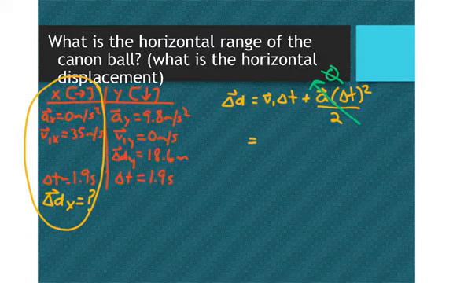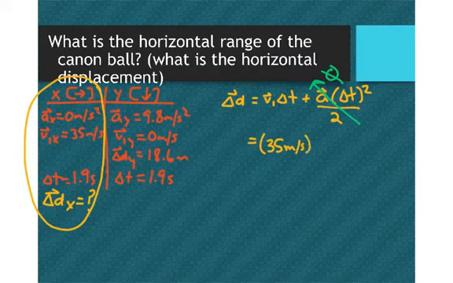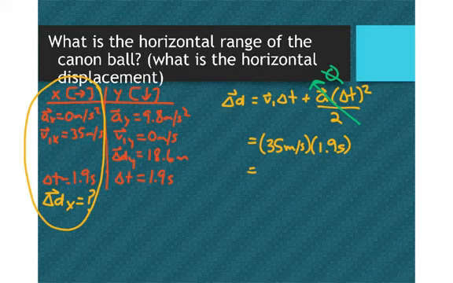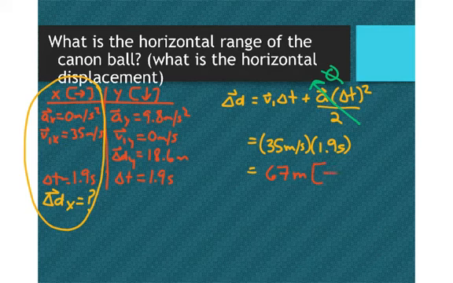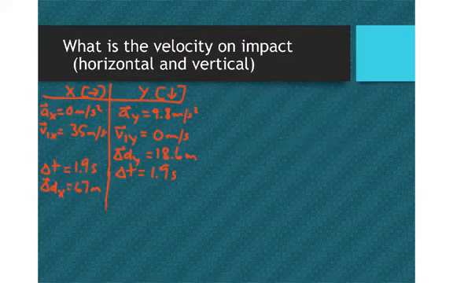I don't even have to rearrange. So my v1 is 35 meters per second. My time is 1.9 seconds. So when I calculate that out, it's going to give me 67 meters. And I'm going to put that direction back in now as forward. And that's my horizontal displacement.